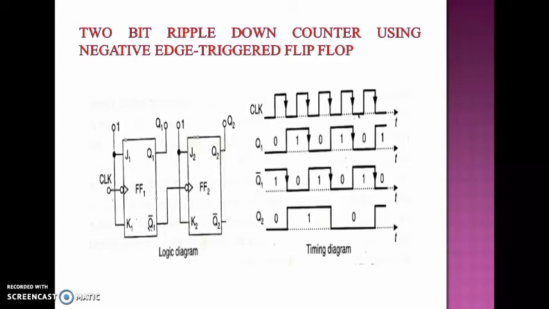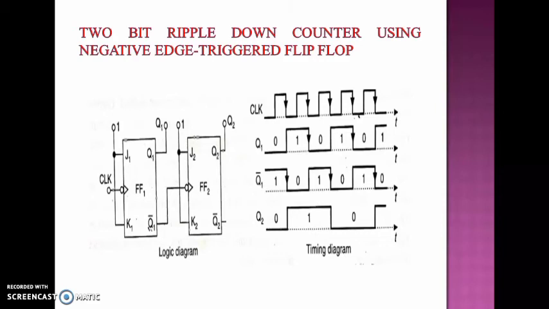That means 0, 0. At the negative going edge of the first clock pulse, flip-flop 1 toggles. So Q1 goes from 0 to 1 and Q1 bar goes from 1 to 0.